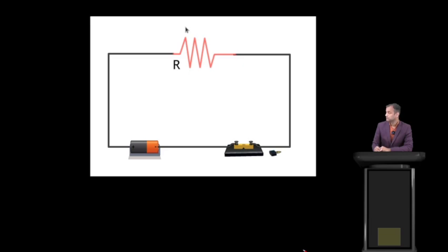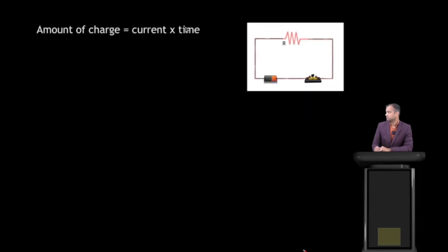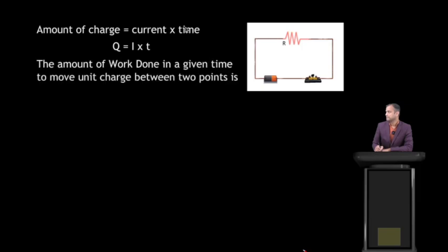Here we can see an electrical circuit. If we switch on the circuit, it again depends on the resistance. Now the amount of charge is equal to current into time, so Q equals I into T. Now we can convert the work done formula in terms of charge also.